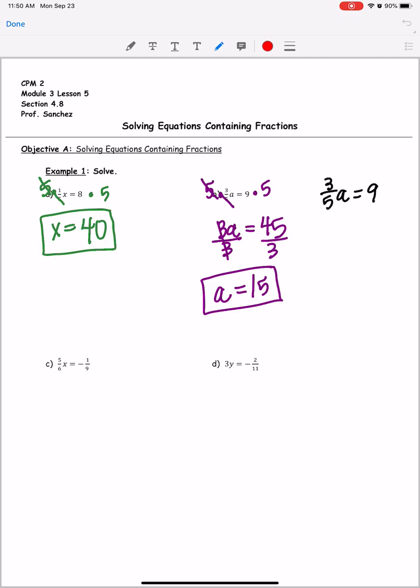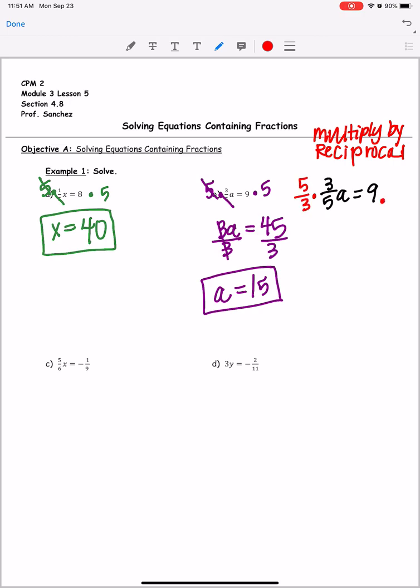And to do it all in one step, we are going to multiply by the reciprocal. So remember, the reciprocal means we just take this fraction and flip it. So instead of it being 3 over 5, now I multiply by 5 over 3.